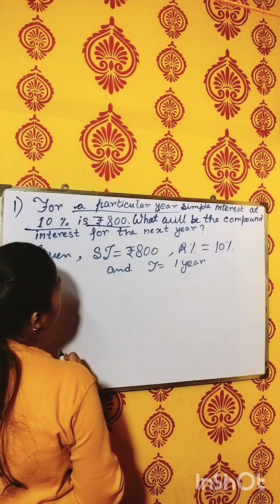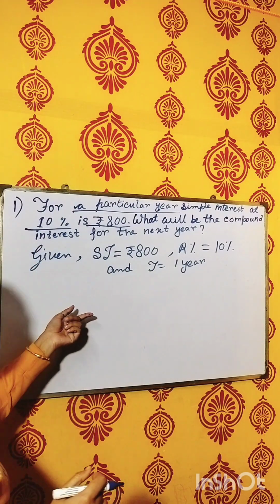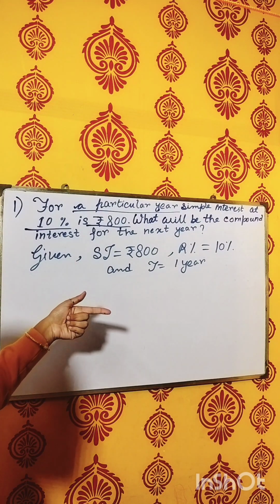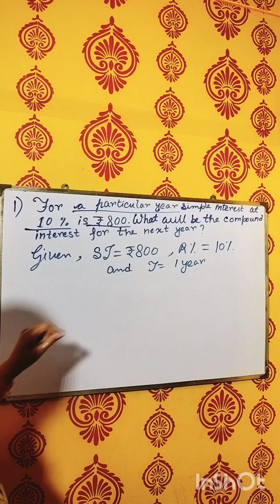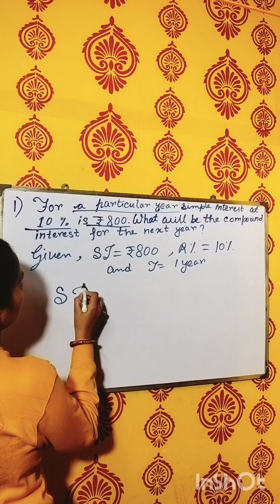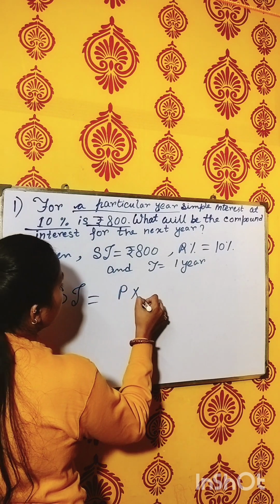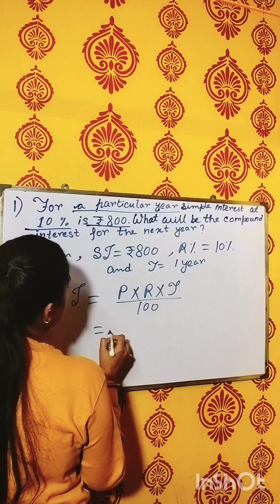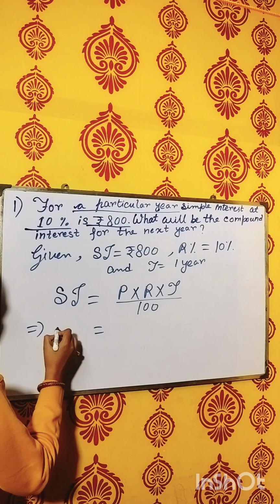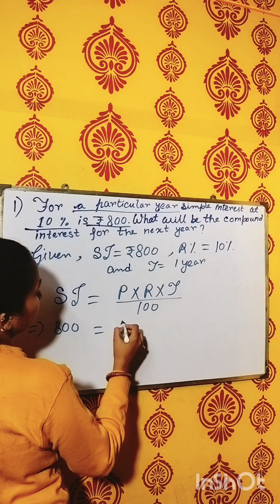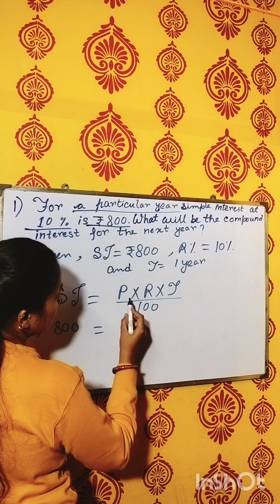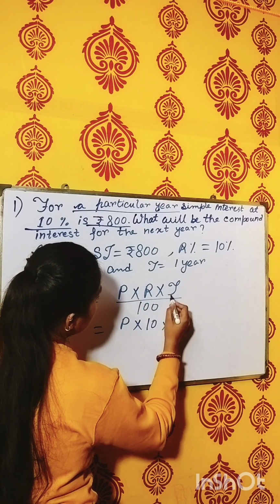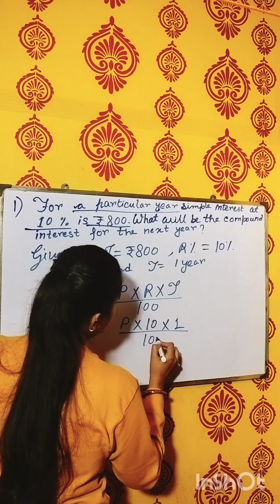Here the simple interest is given. Therefore, we can find out the principal sum by using the formula of simple interest. Now see, SI is equal to PRT by 100. Now we put the values: SI is 800, principal we don't know, R rate percentage means 10%, time T is equal to 1 year, divided by 100.